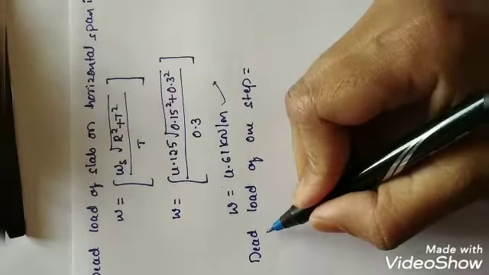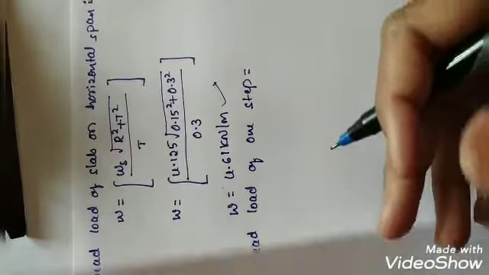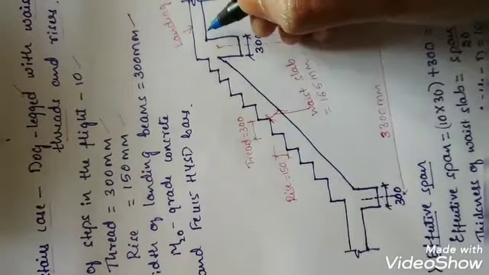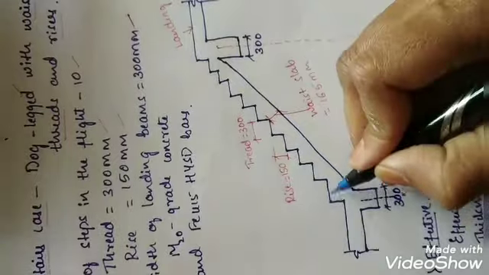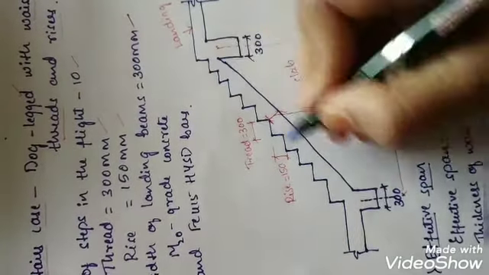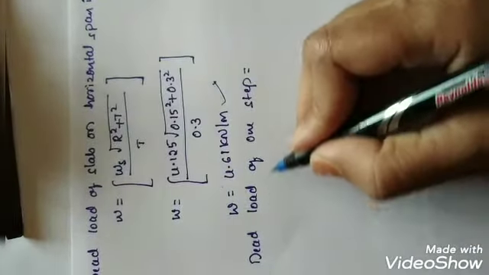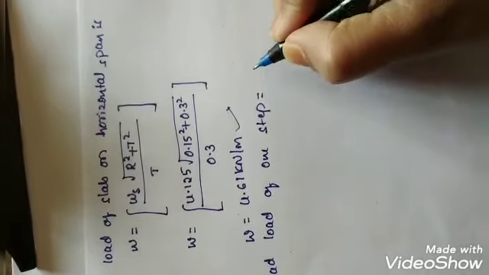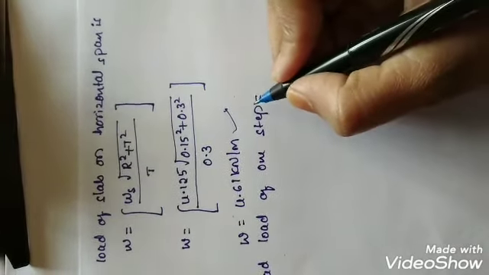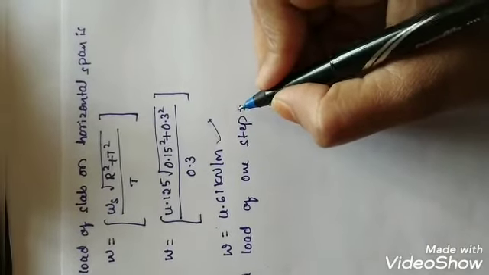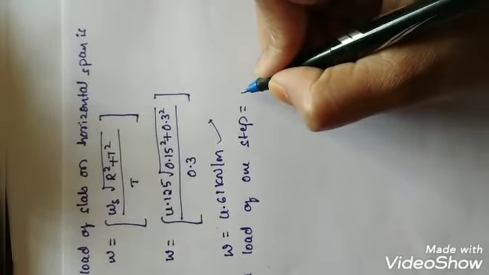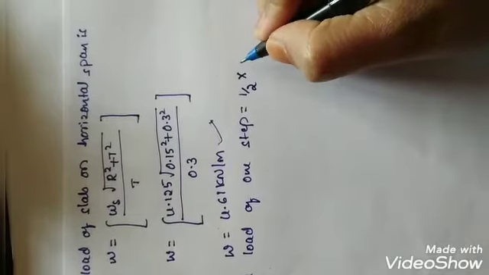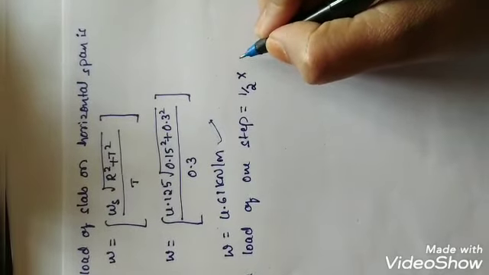So next we need to calculate the dead load of one step. See, here we have considered the slab self weight on the slope as well as on the horizontal, and we have not considered these steps. So now I will consider the self weight of these steps. So the dead load of one step I will consider. We know that dead load is nothing but self weight. How to calculate? That is nothing but area into unit weight. The area for the steps is usually triangular, so I will consider half into breadth into width.